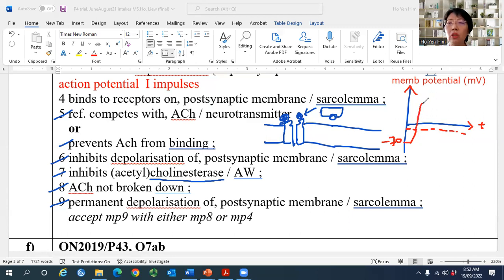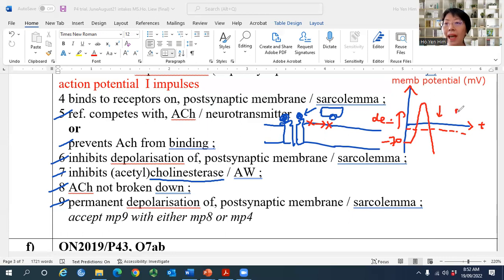When an action potential is generated, it can be passed from one point to the neighboring point. But don't forget, once the action potential is reached, it has to go down to repolarization. So this is depolarization, and then it has to go down to repolarization.